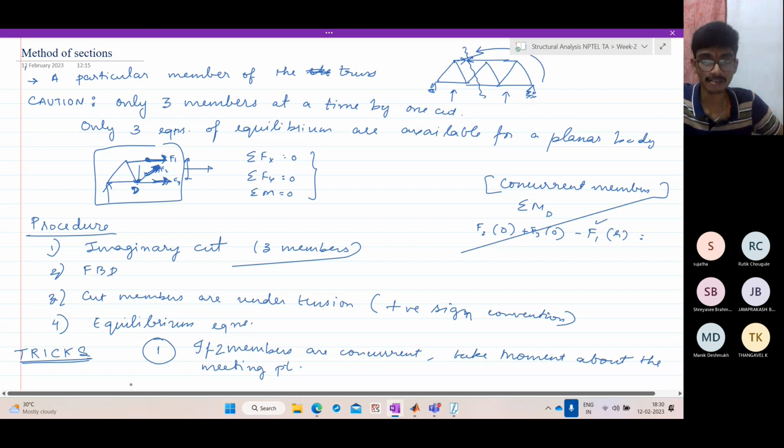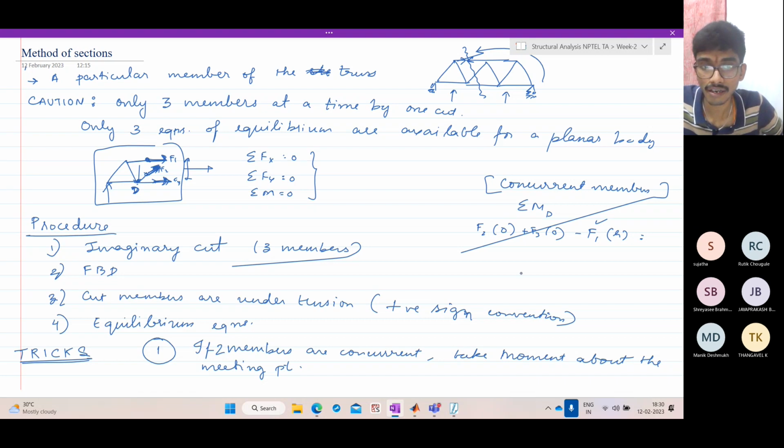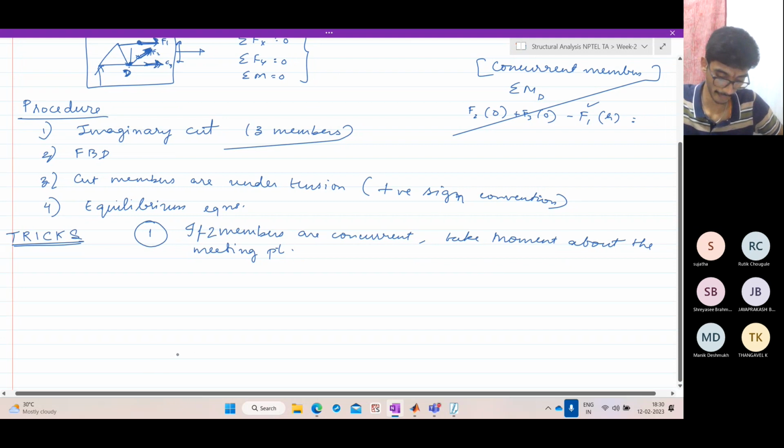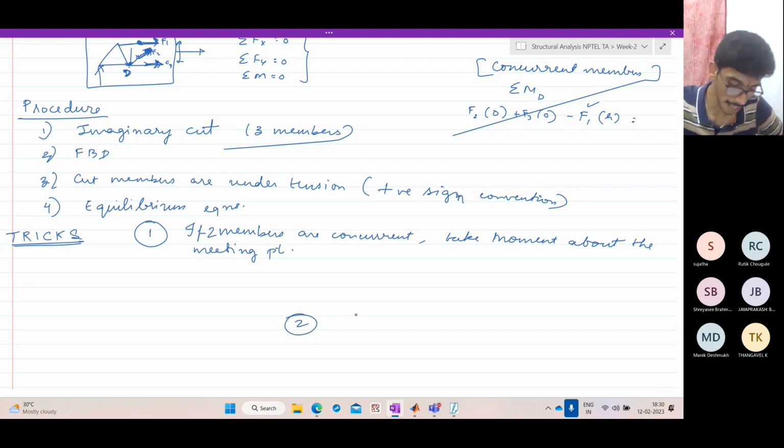Then the second trick is, if two members are parallel. For example, these two members are parallel.